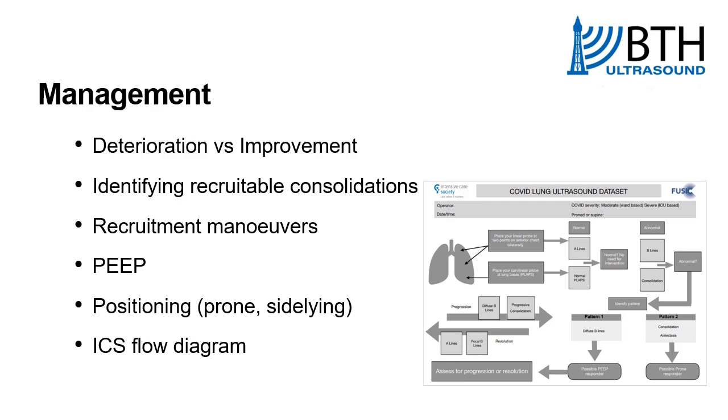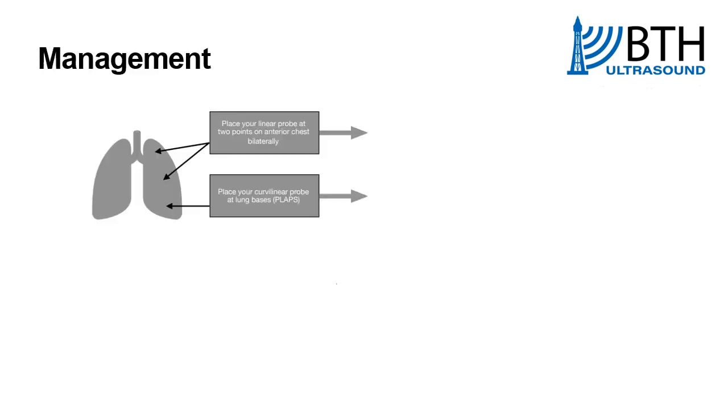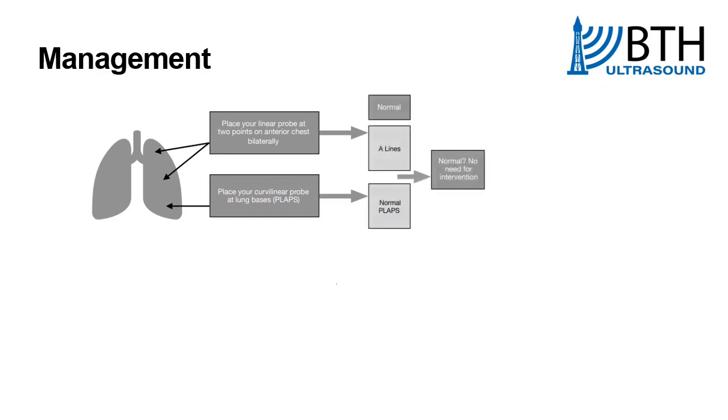And the Intensive Care Society, very early on in the pandemic, created a flow diagram, which I'm just going to go through with you now. So you use your 6 zones, 3 on each side, though this can be increased to 6 each side if you so wish for the lung ultrasound score. But you're wanting to identify what pathology you can see with lung ultrasound.